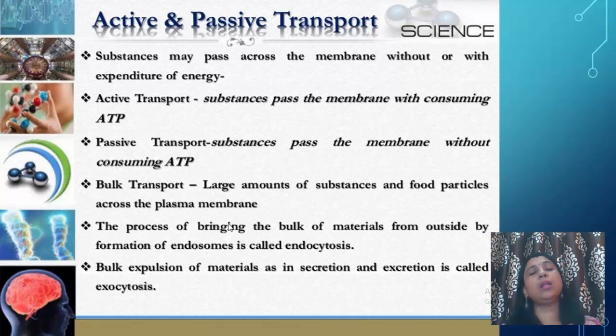Means if transportation is happening from outside to inside, then it is known as endocytosis. Bulk expulsion of materials as in secretion and excretion is called exocytosis. Means expulsion, when it is going out, expelled out. Whether secretion or excretion is happening, that means the substances are coming out. This is known as exocytosis.